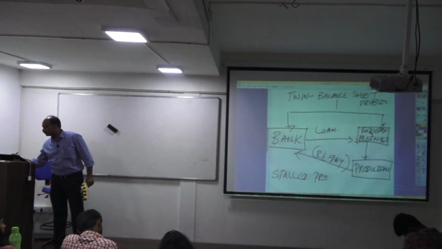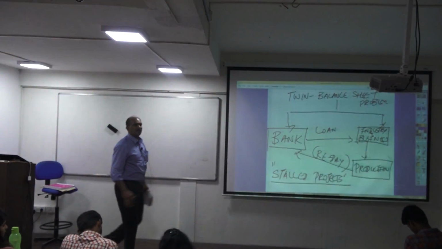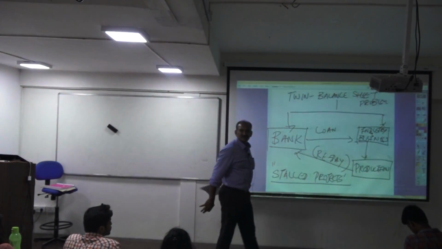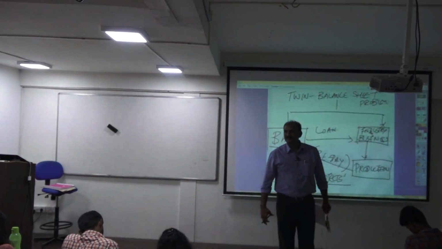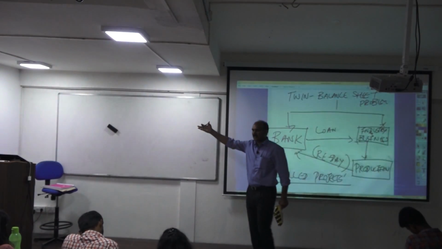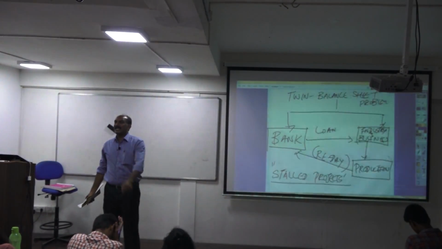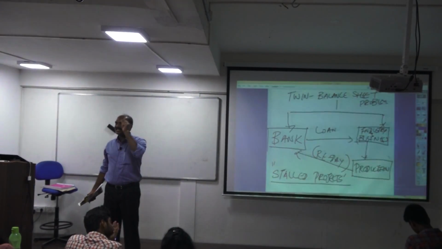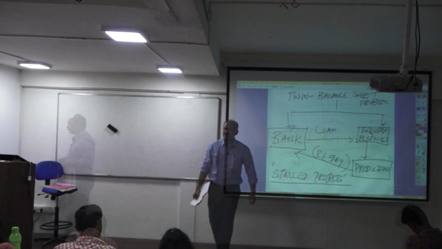Please note the term stalled projects. Stalled project means a project in midway, in the halfway. It has not completed, and only if it is completed can you go for production. Why is it halfway? Please note, lack of approvals and clearances.